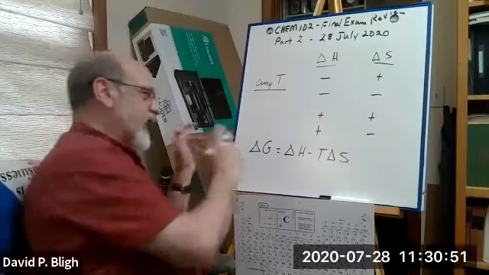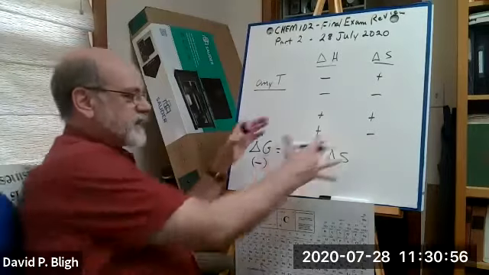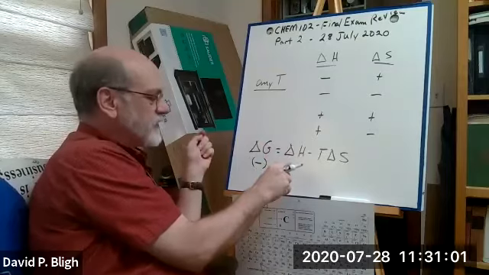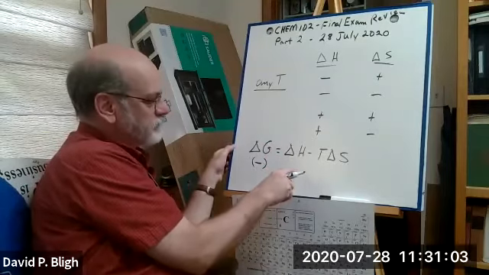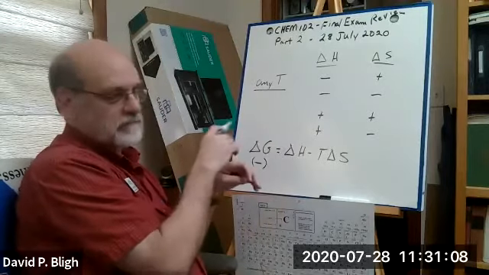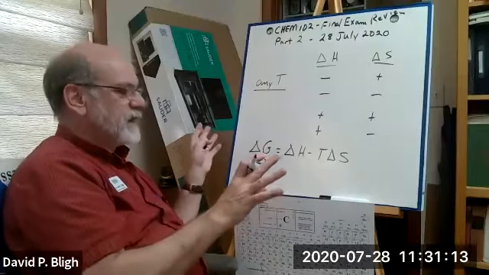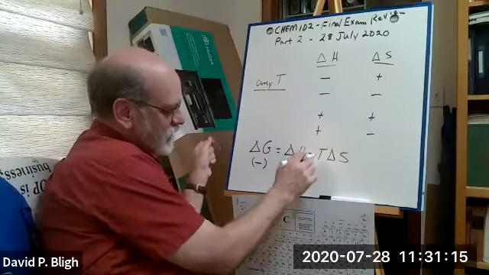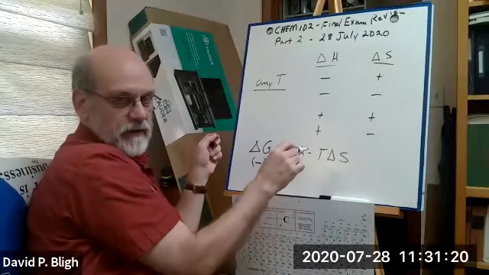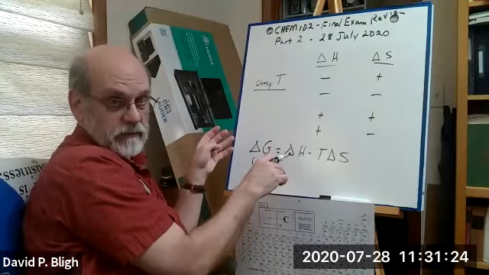Right. So this has to be negative for spontaneous, right? That means that the sum of these two has to be negative. And that means that if the temperature is allowed to change, sky's the limit, then the temperature influence on delta S cannot make it positive. Right?